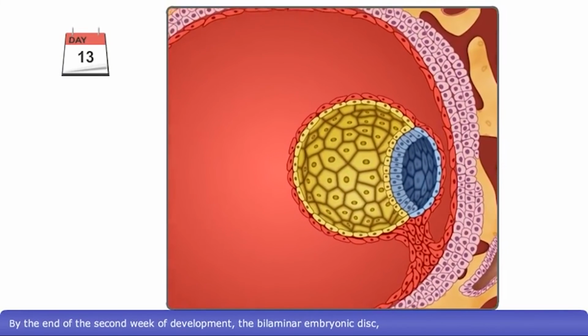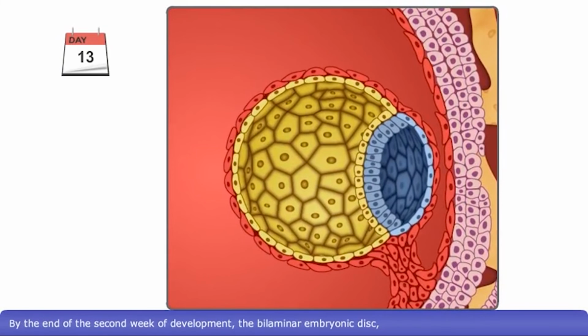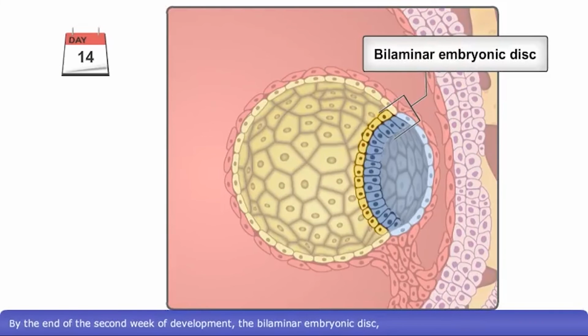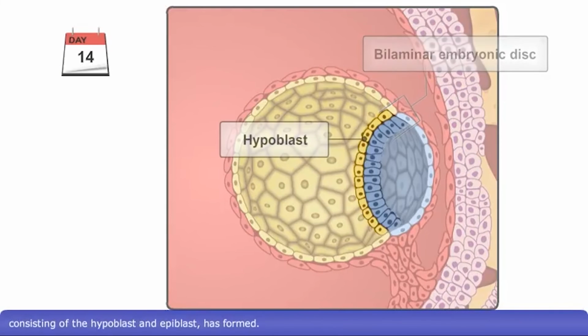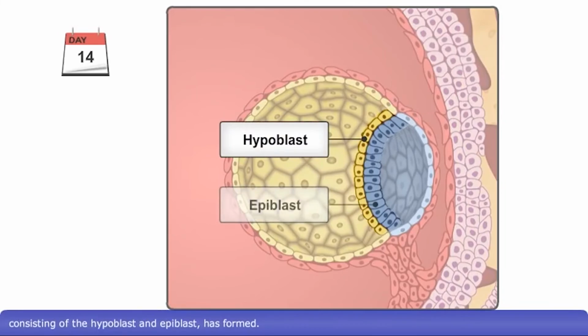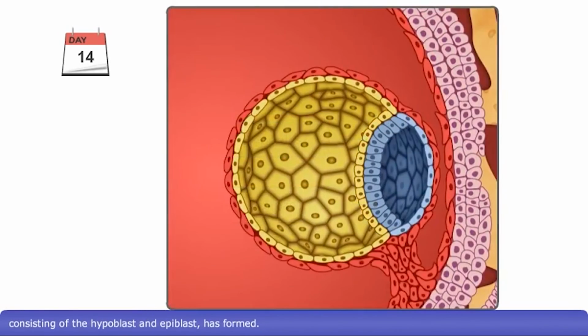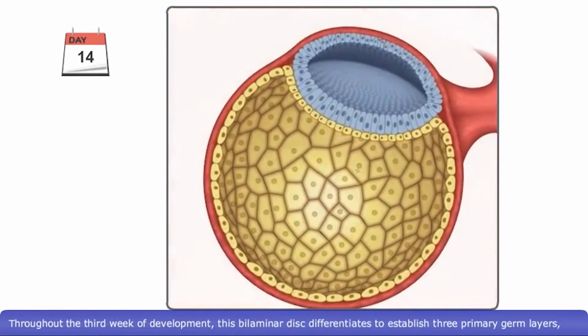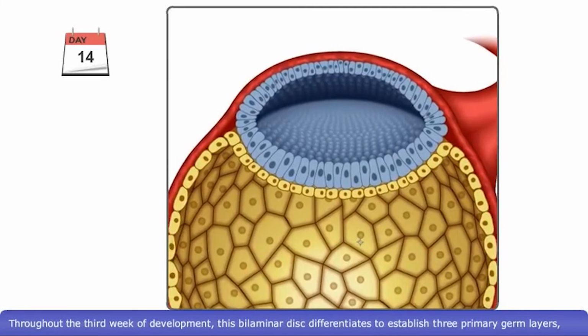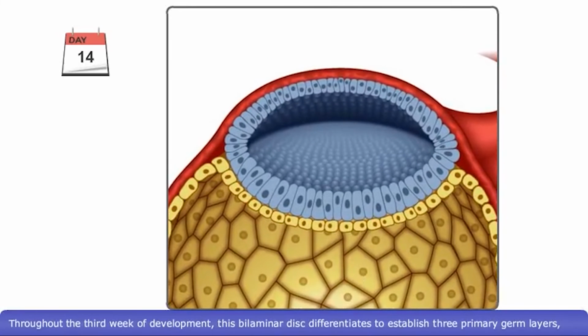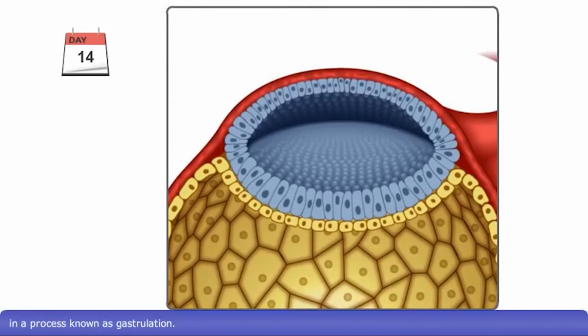Now, as you can see, this is the bilaminar embryonic disc formed of epiblast and hypoblast cells. It has an amniotic cavity. The upper cells will form the amniogenic cells that will secrete the amniotic fluid, and it will form the amniotic cavity.